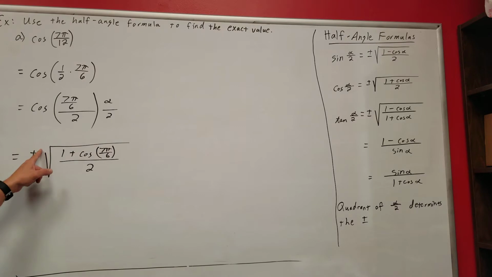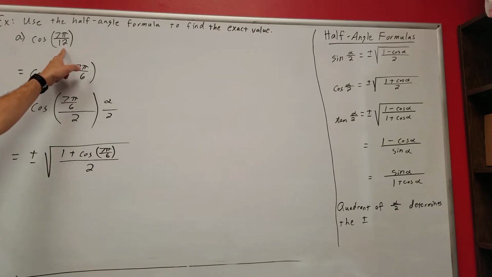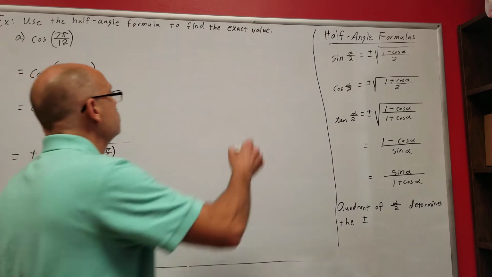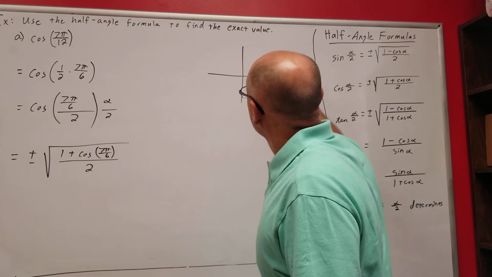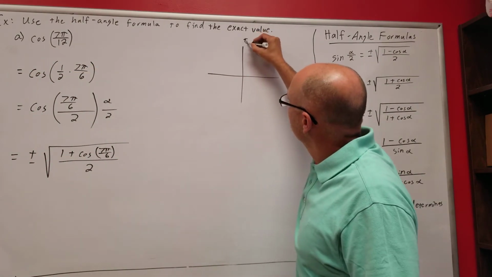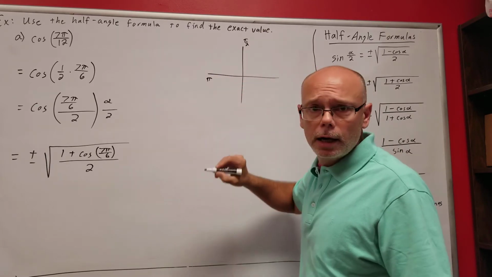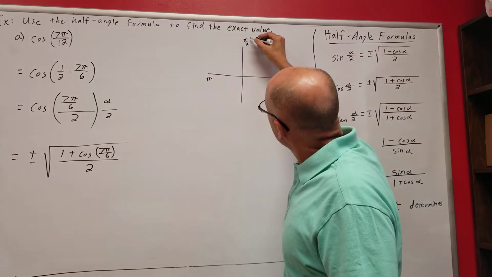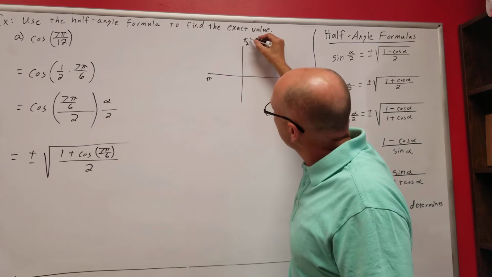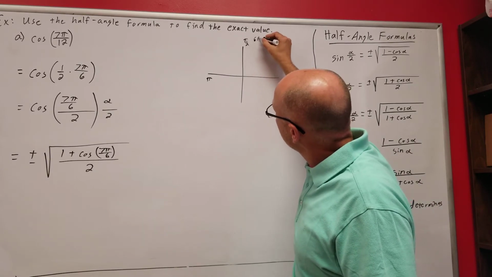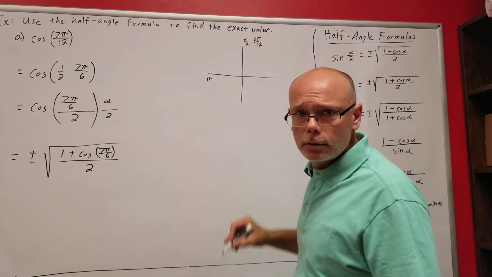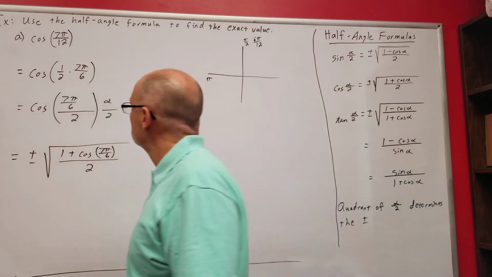All right, is this going to be positive or negative? Think of 7 pi over 12. Think about a coordinate plane. Isn't this pi over 2? Isn't that pi? If I multiply the top and the bottom of this by 6, won't that be 6 pi over 12? Yeah.